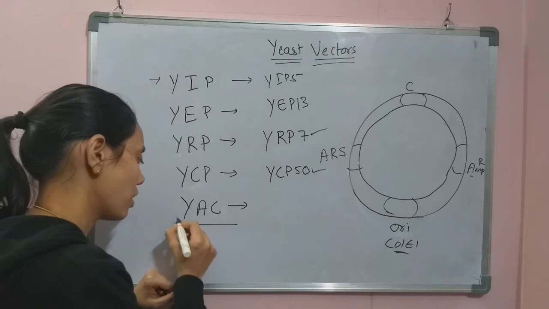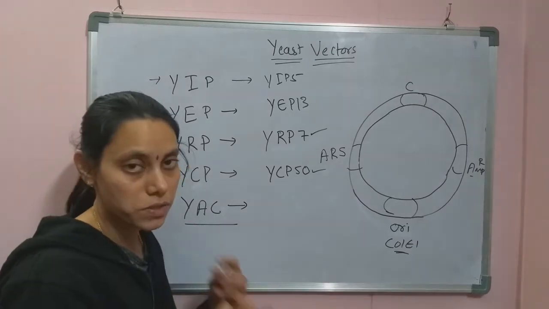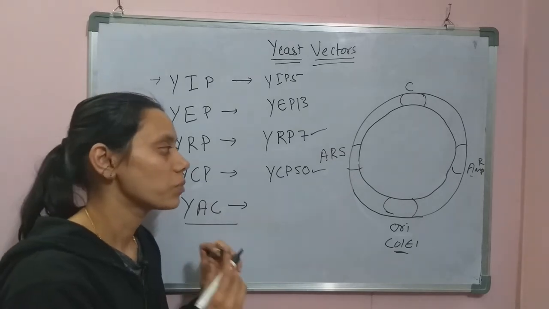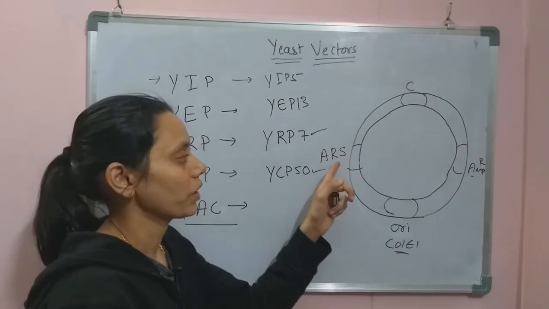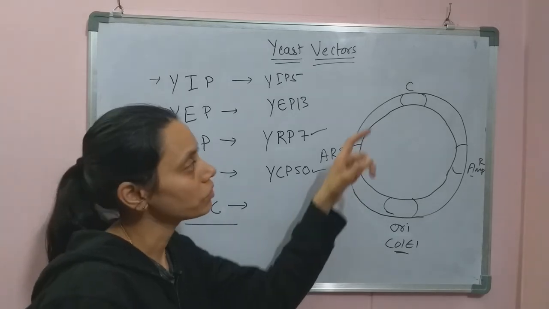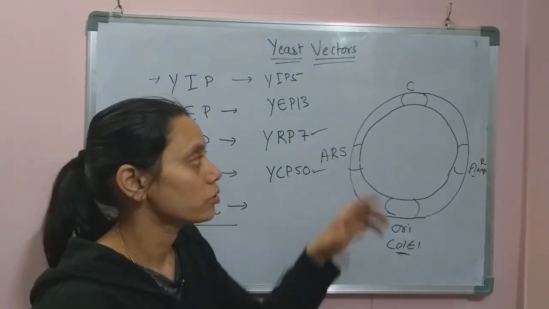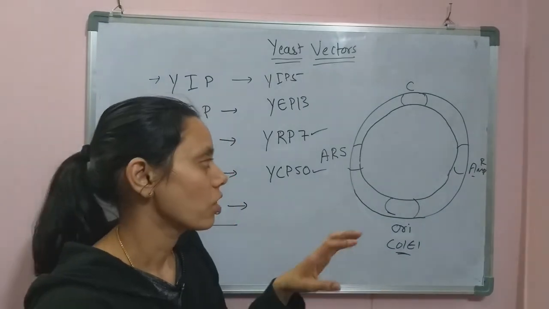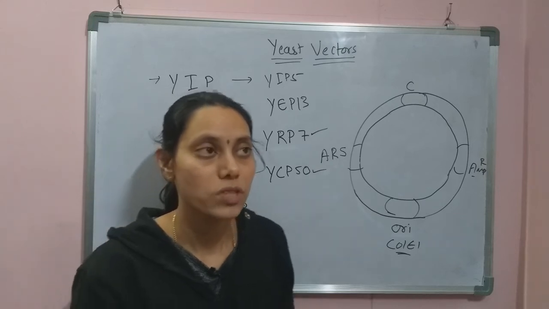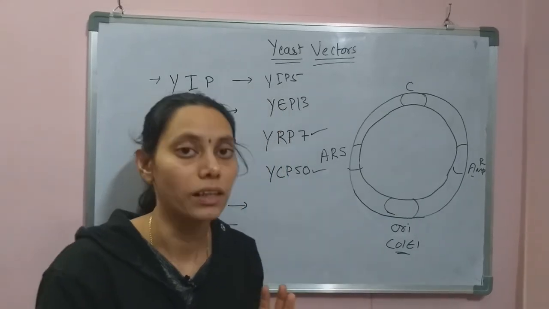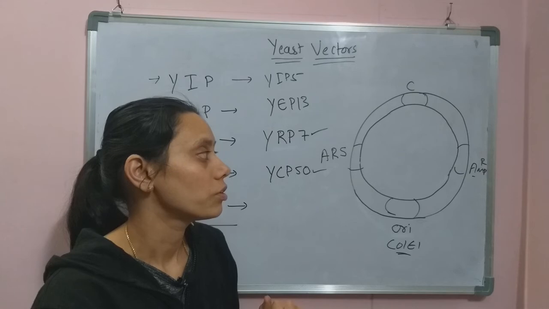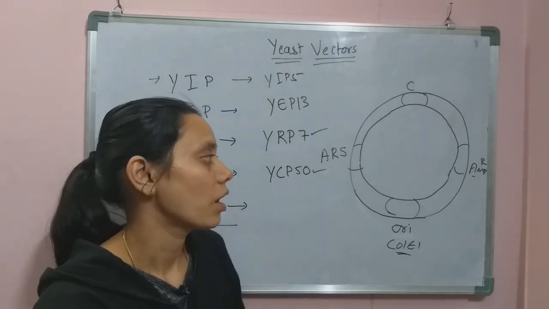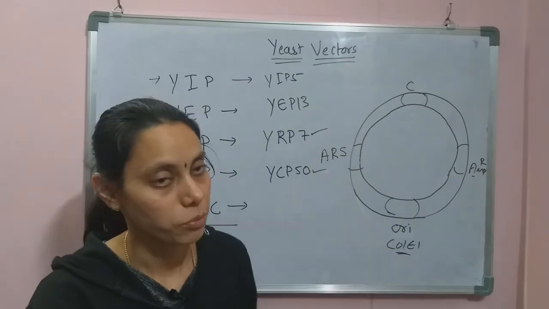So yeast artificial chromosomes are an advanced version of all kinds of yeast based vectors. These have the ability to self-replicate due to the presence of ARS. They have mitotic stability due to the presence of centromere, and they have the selectable markers for eukaryotic selection. That means inside the yeast cell they can be selected due to the presence of selectable markers suitable for the yeast system, and they also have selectable markers for bacteria.